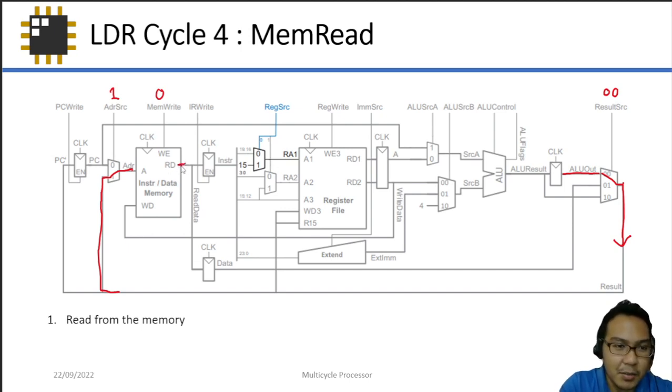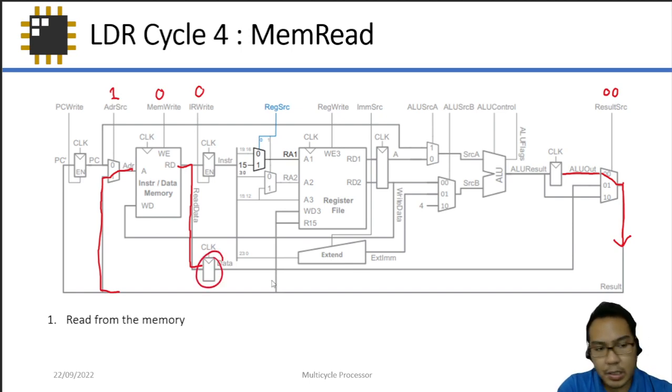But basically, since we have the address feeding, we have data coming out of the memory, and we route that down here. So we don't want to write that over onto IR, right? So that's 0 as well. And it's being fed into this register, and that's basically cycle 4 from the memory. Basically, you go from ALUOut into the memory, and then you pass that data over onto this register.